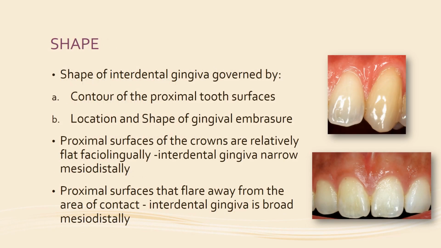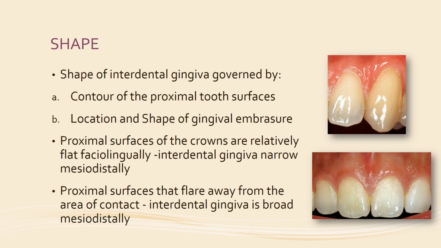The interdental gingiva shape is governed by the contour of the proximal tooth surfaces and the location and shape of the gingival embrasure. When the proximal surfaces of the crowns are relatively flat facio-lingually, the interdental gingiva is narrow mesiodistally.